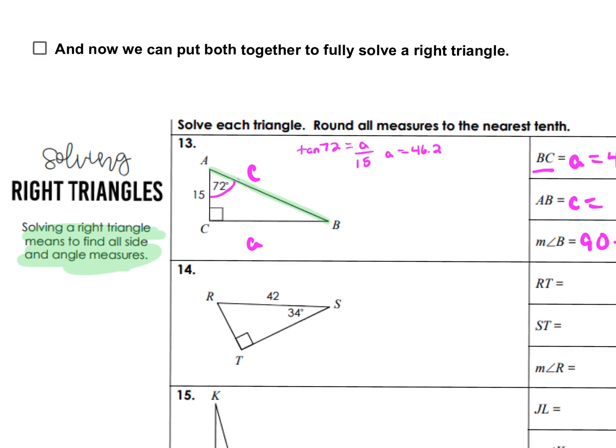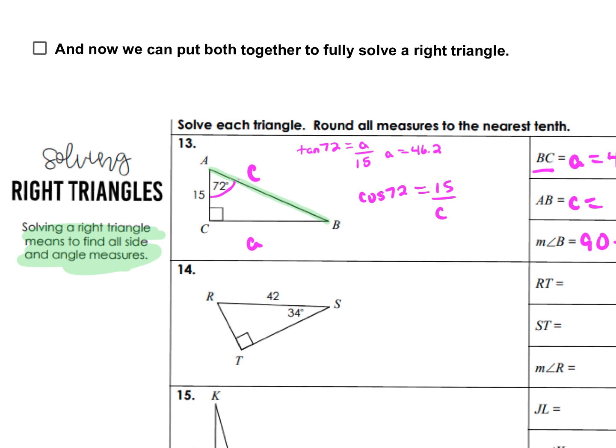And then side C, what trig ratio are we going to use there? Talia? Cosine, okay, because we have adjacent and we're looking for the hypotenuse. Good. So cosine of 72 is equal to 15 over C. Be careful solving for this because that's in the denominator.